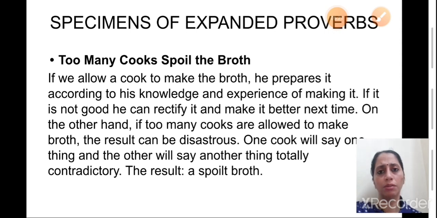Because one cook will say one thing and the other cook will say the other thing. And the end result is going to be a spoiled broth. So if many people work together, contradiction is bound to happen. So the end result will definitely be a disastrous one. Clear, students, all of you? So this is the meaning of the proverb.